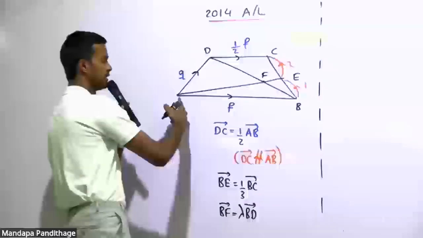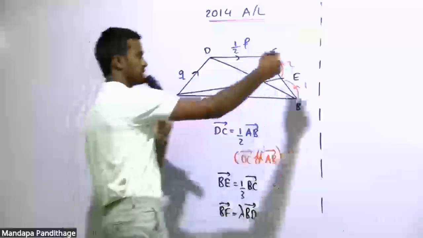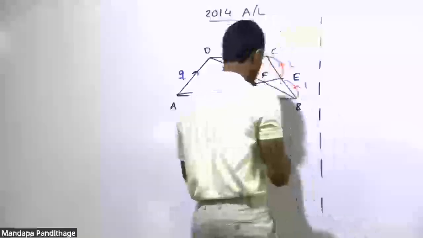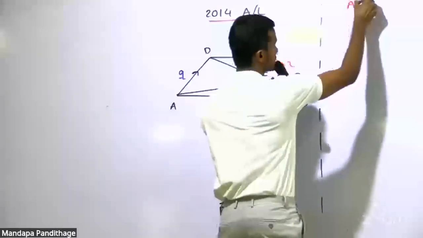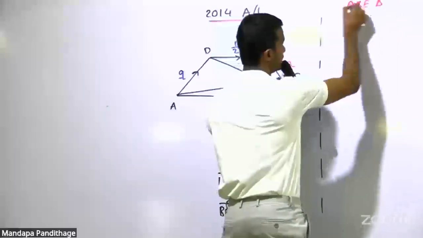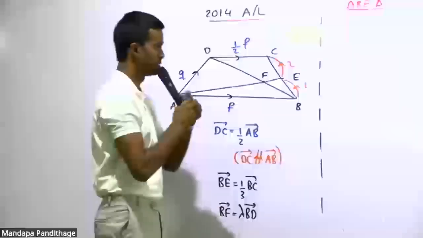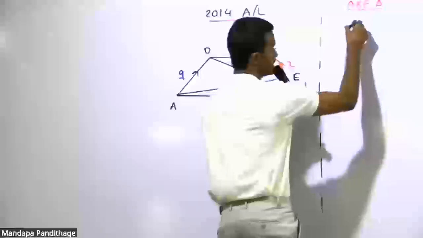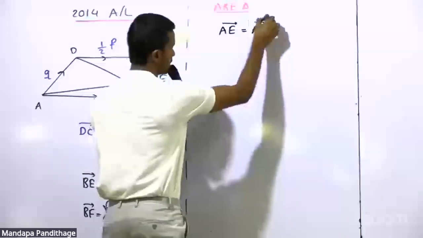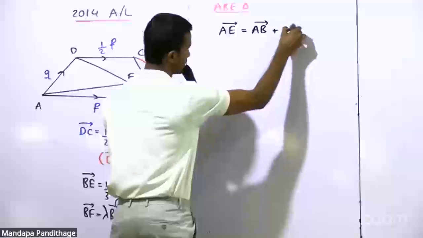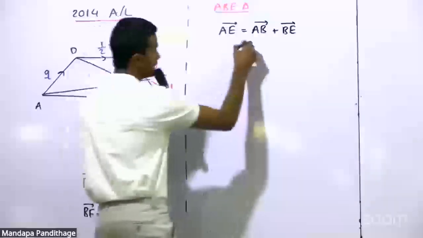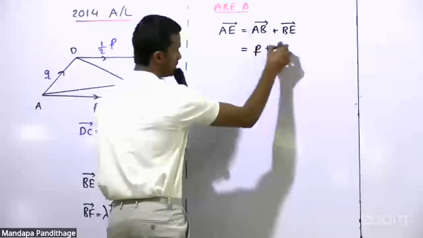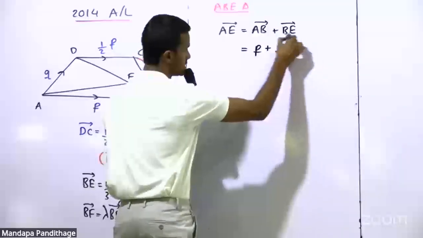I'm going to write AE as AB plus BE. Consider the triangle ABE. Using the triangle ABE, I can say that AE is equal to AB plus BE. AB is equal to P, and they have given that BE is equal to 1/3 of BC.